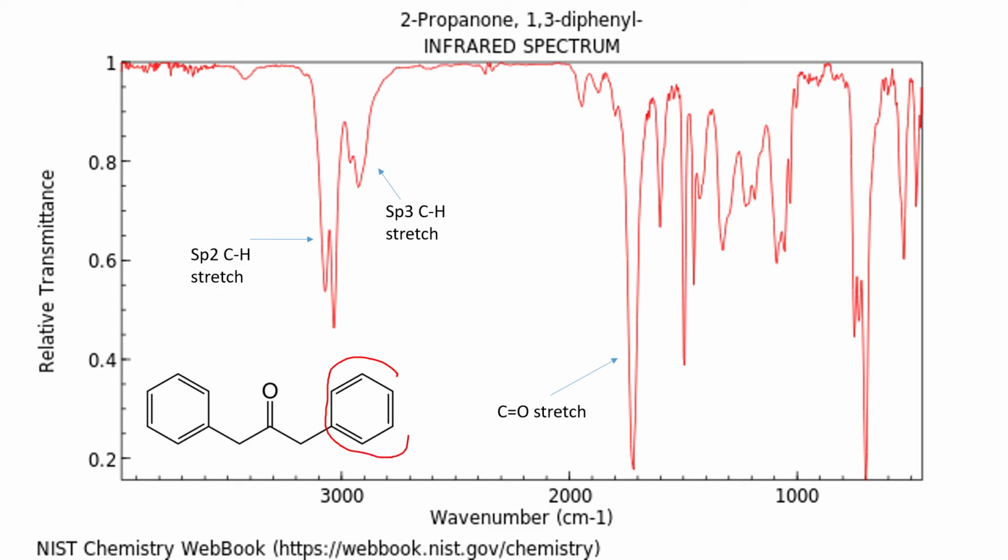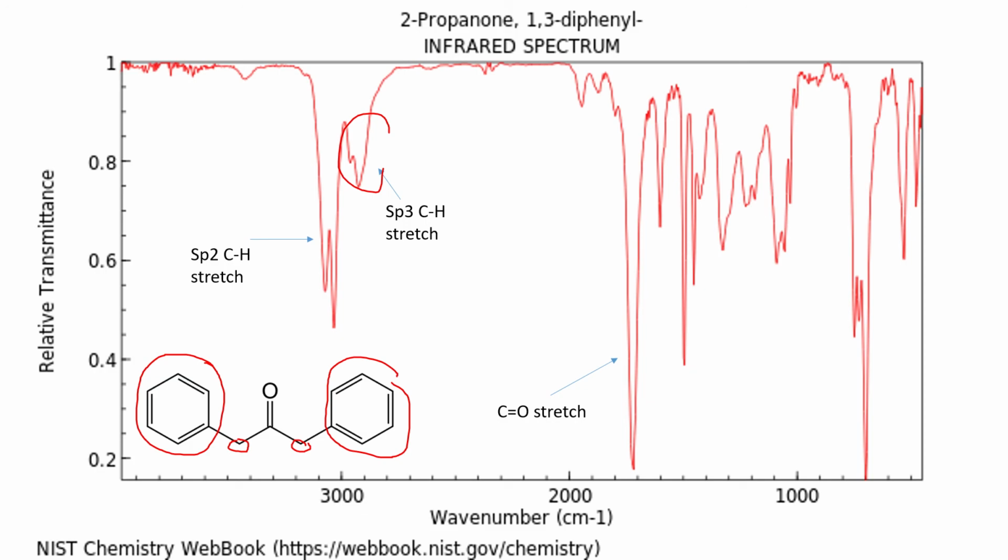We should be able to see the sp2 hybridized hydrogens on our benzene ring. Remember, this should appear above the 3000 wavenumber mark, which we can see here. We should see sp3 hybridized hydrogens that belong to these two carbons here, and these should be below the 3000 mark, which we can see here.